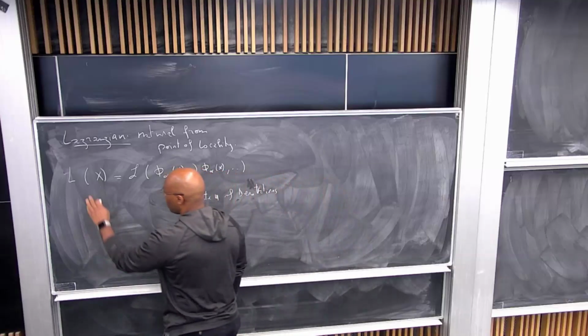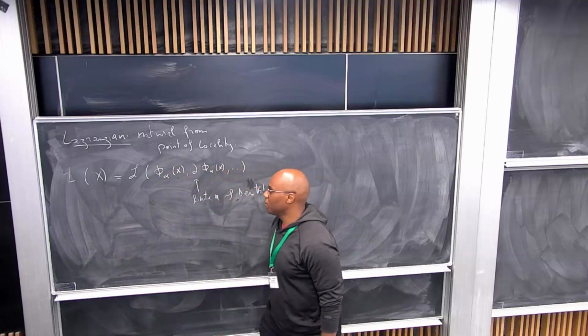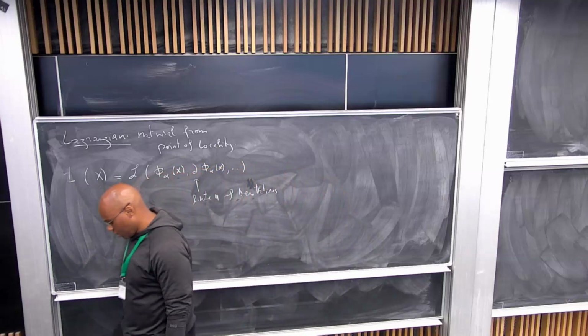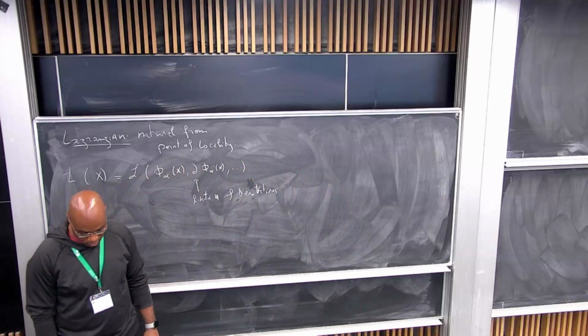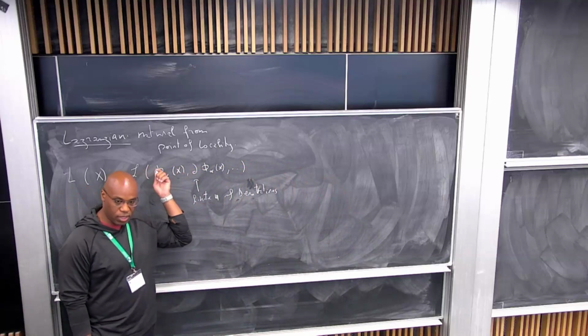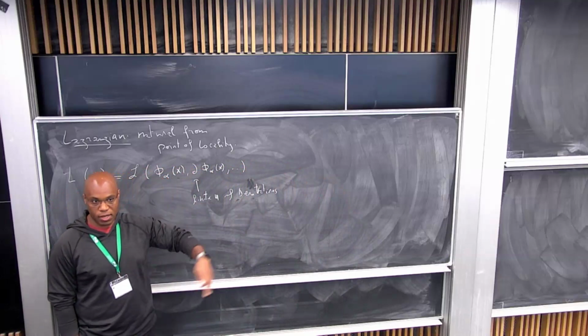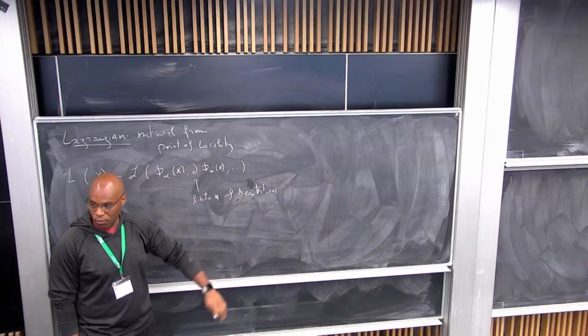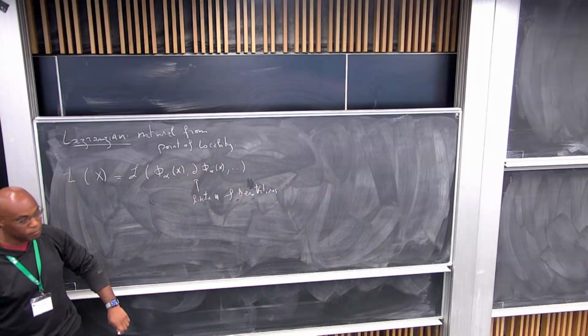So the Lagrangian is a classical object in the sense that when we study classical mechanics, the thing that you want to give is the Lagrangian, and then you have the Euler-Lagrange equation that will give you the classical equation of motion.